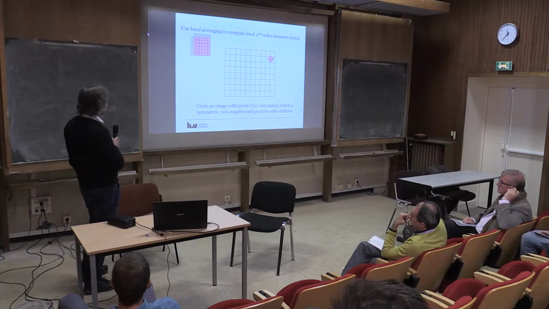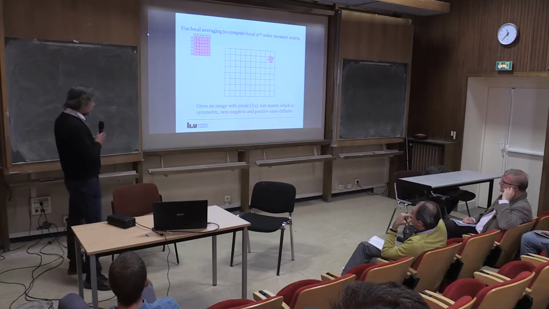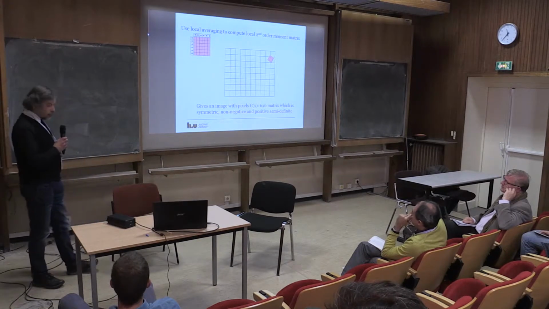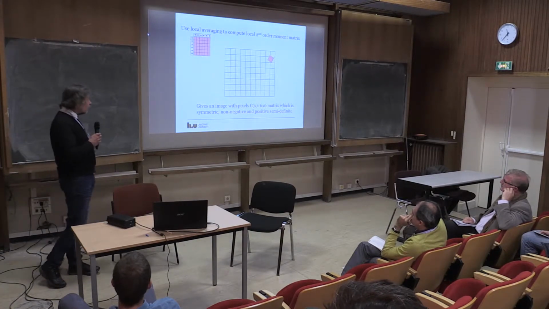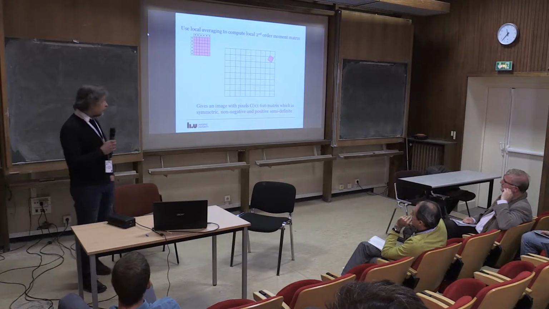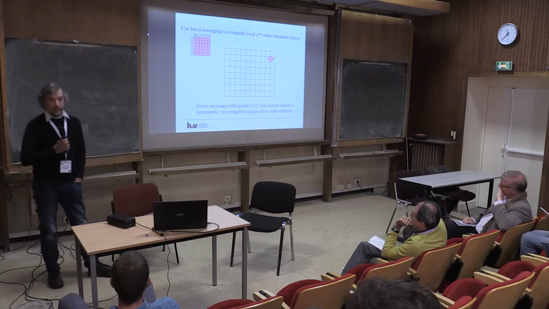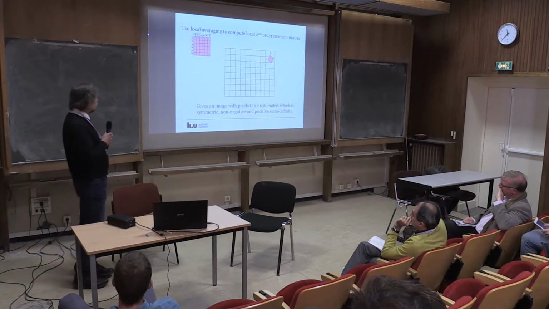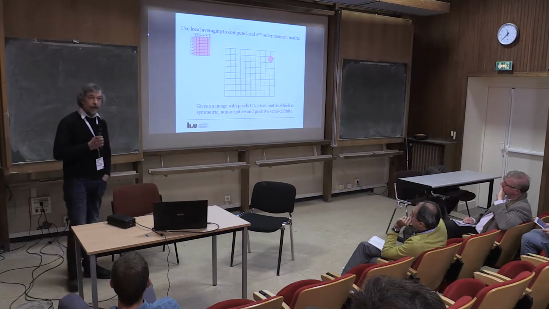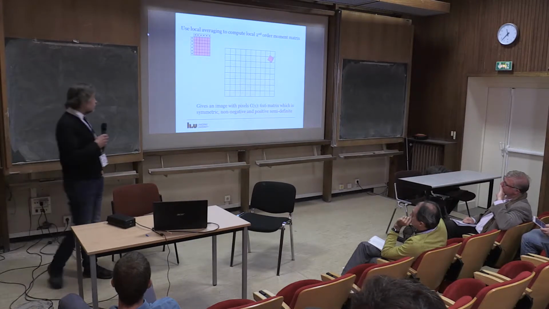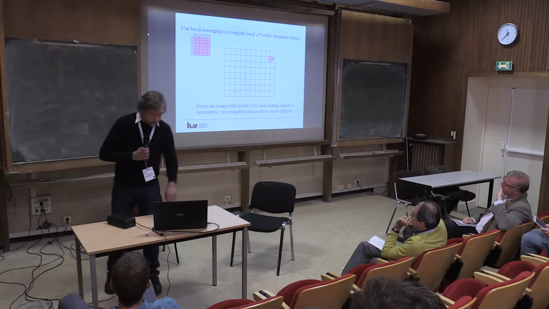And so we get at each point a 6 by 6 matrix. The matrix is symmetric, positive definite, and all the elements are non-negative because all the vector elements were non-negative.